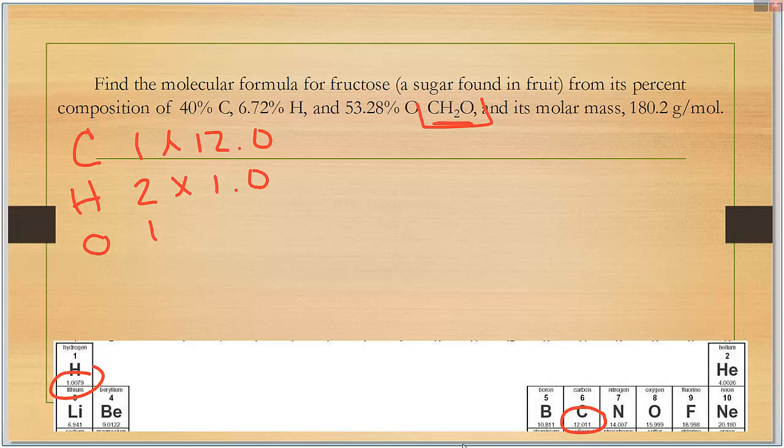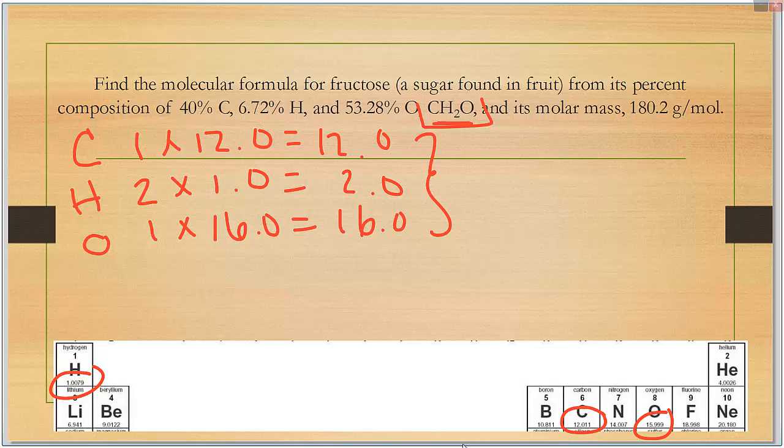And oxygen is 16.0. Multiply that out and add it together, and that comes out to be 30.0 grams per mole. Now that's the mass of the empirical formula, not the molecular formula.